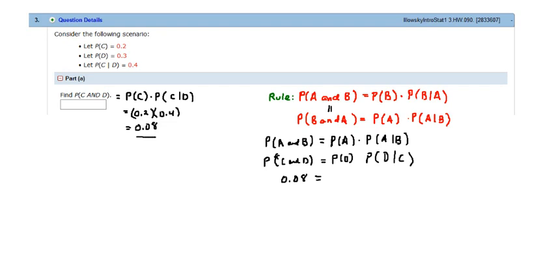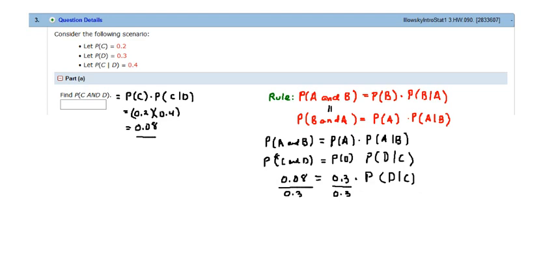And we also know what the probability of D is, it's 0.3. So whatever the probability of D given C is, we're going to find it by doing a little bit of division. Divide by 0.3. All right, and let's go ahead. Let me get out my handy-dandy calculator.